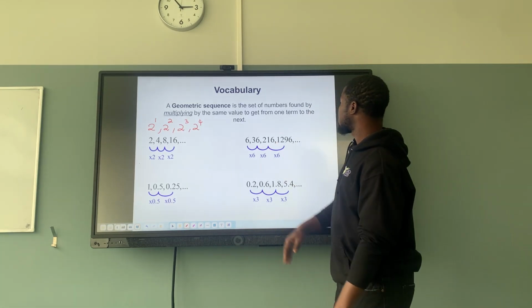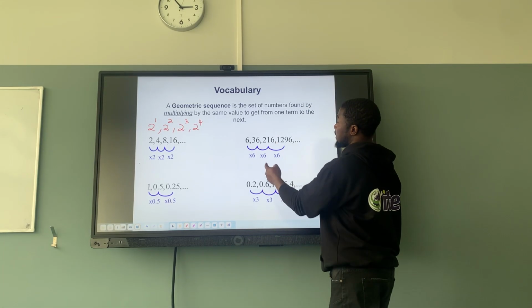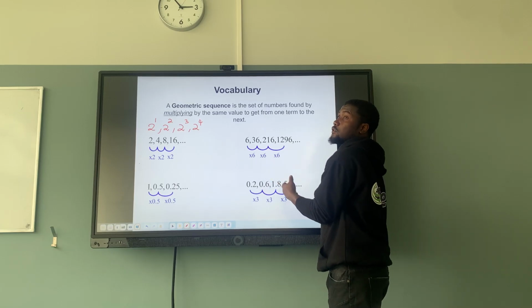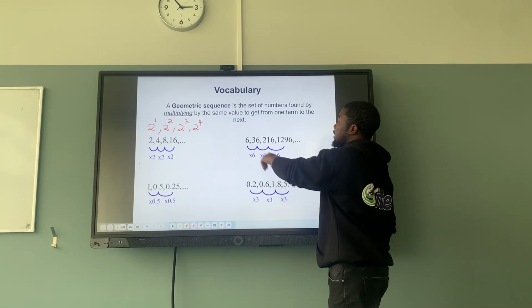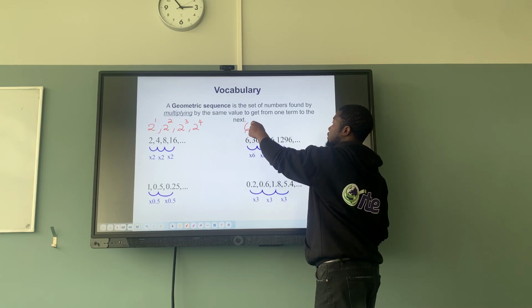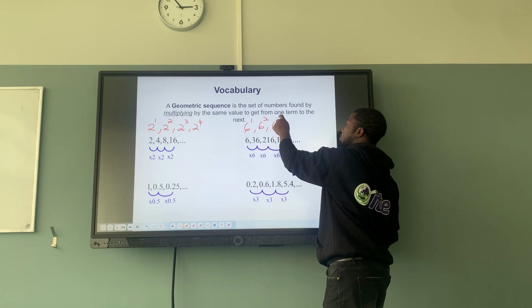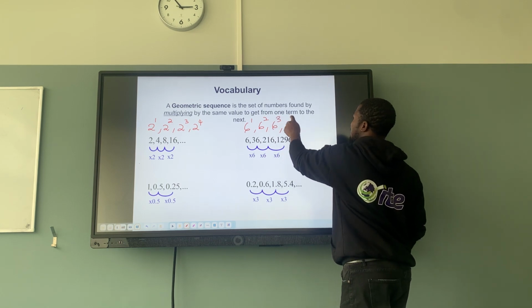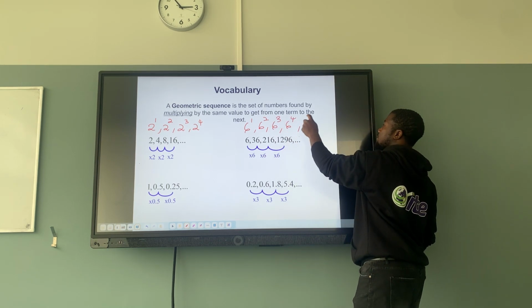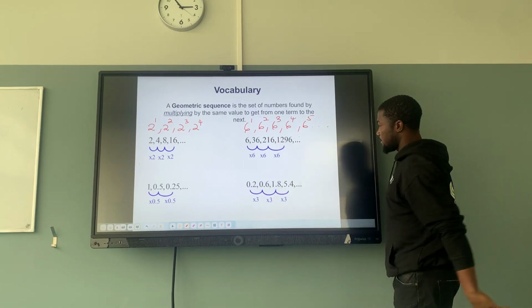So in this other one, we multiply the previous term by 6 to get the next term. Otherwise, you could say these are powers of 6: 6 to the power 1, 6 to the power 2, 6 to the power 3, 6 to the power 4, 6 to the power 5, etc. That is what you have there.